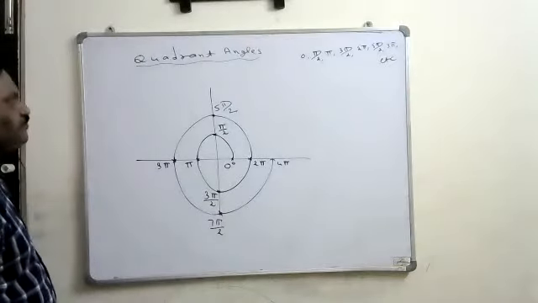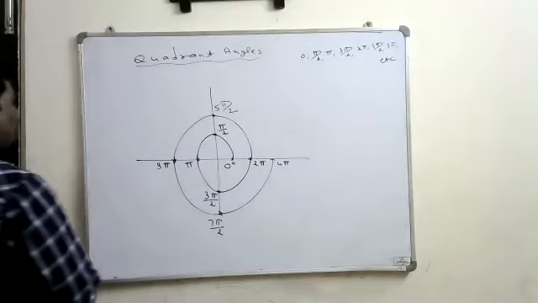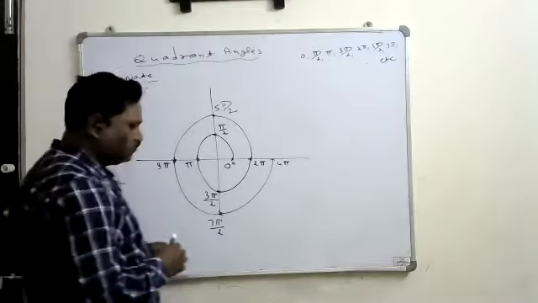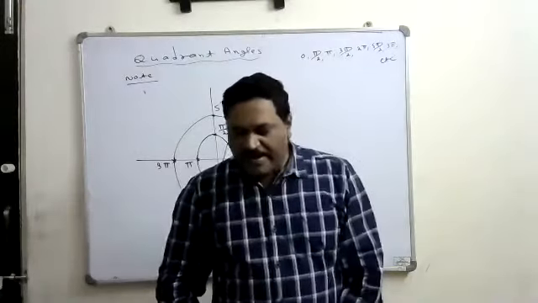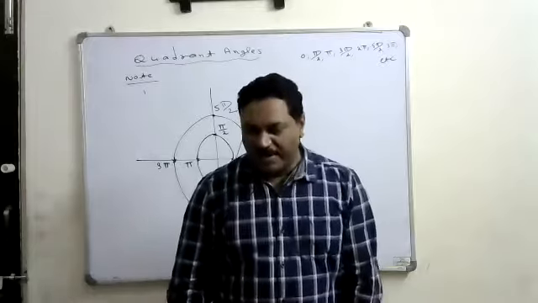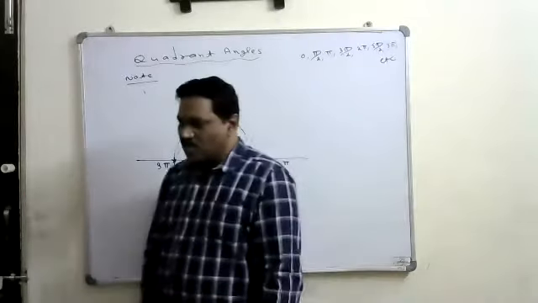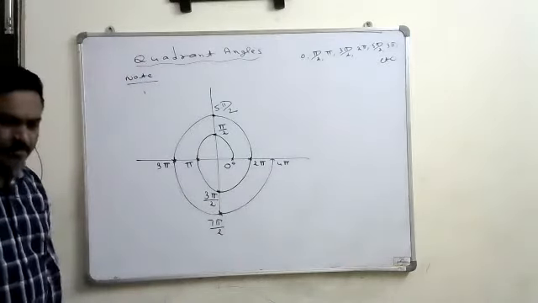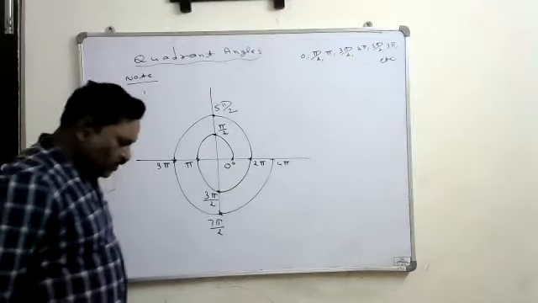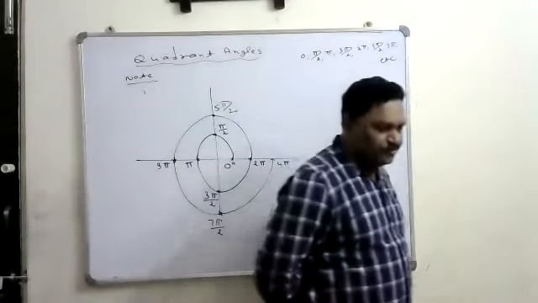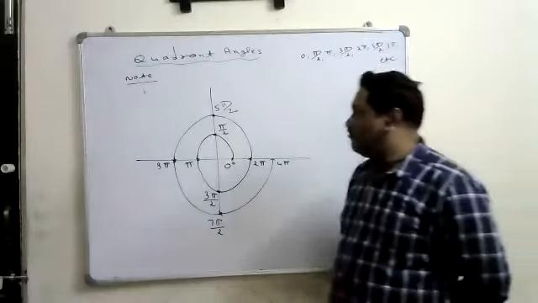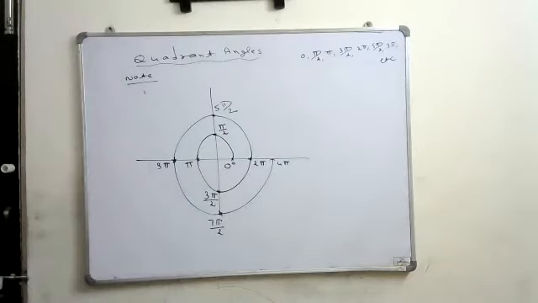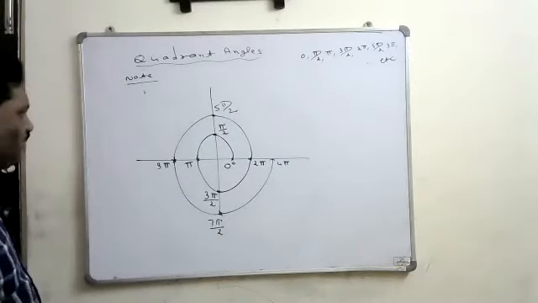Next line, write the note. In that, the first point: the quadrant angles which are odd multiples of pi by 2 lie on the y-axis.